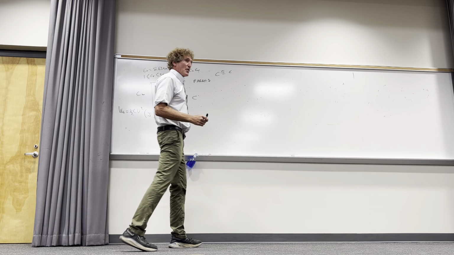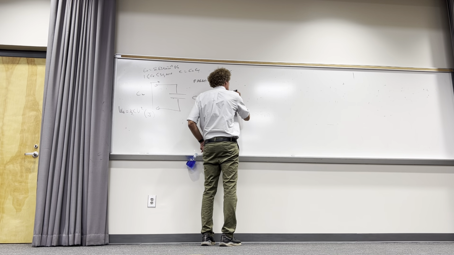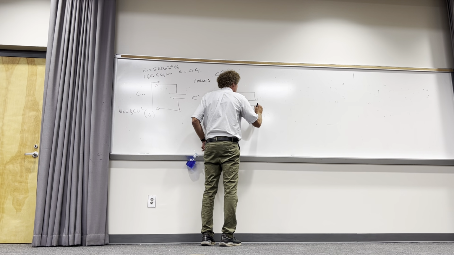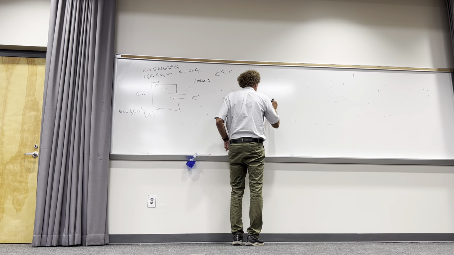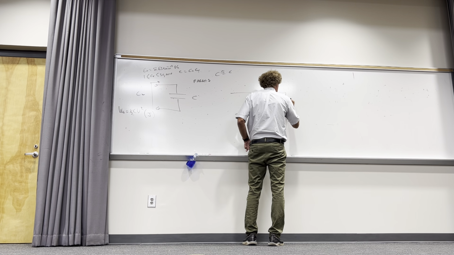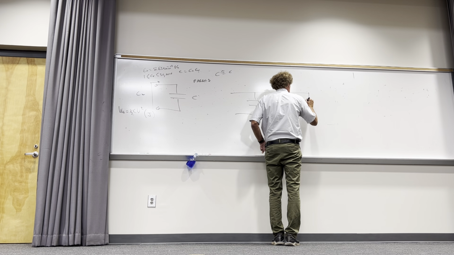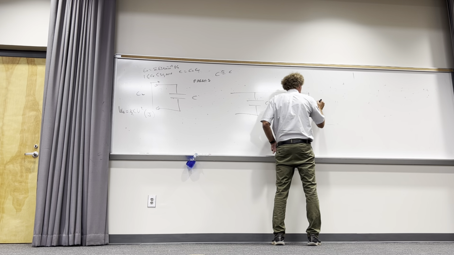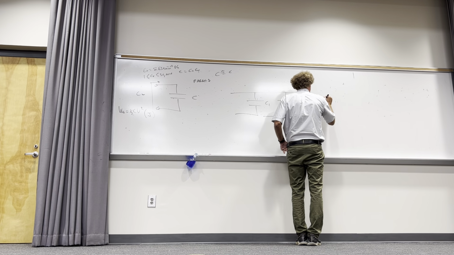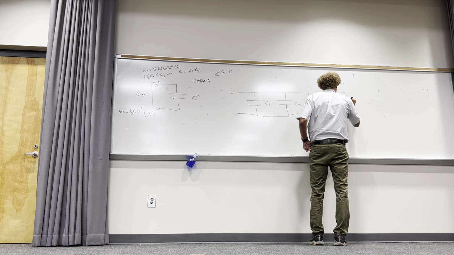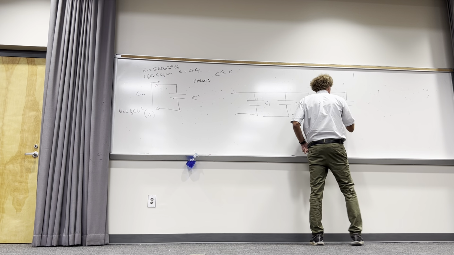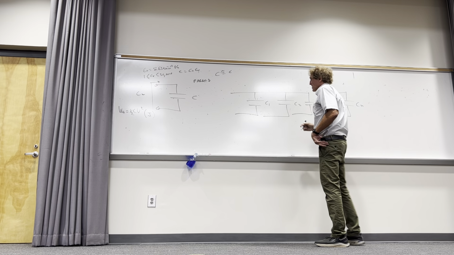All right, so what happens? Here, I'm asking you this. This is C1. This is C2. This is C3. And dot, dot, dot, all the way out to the end here.